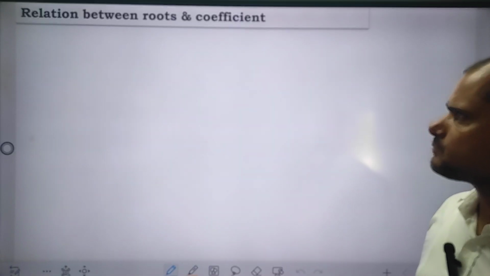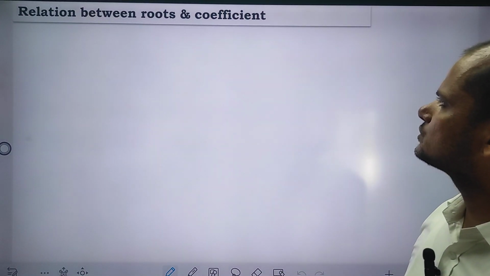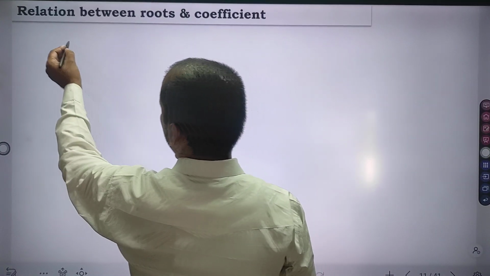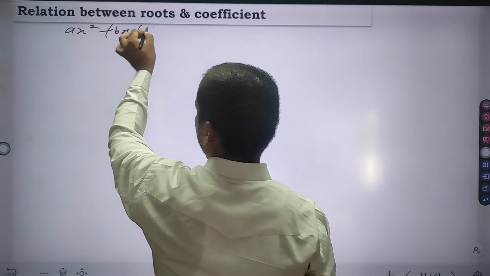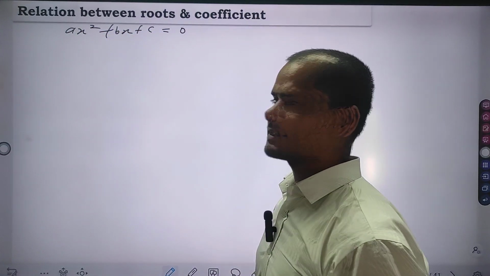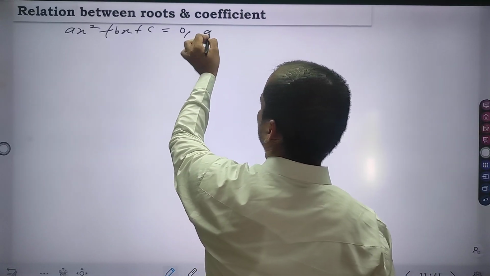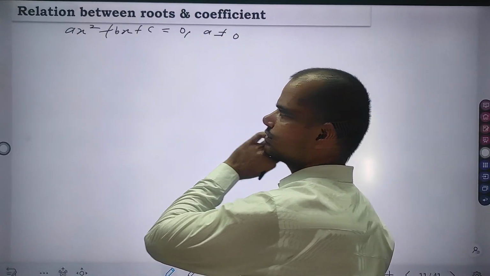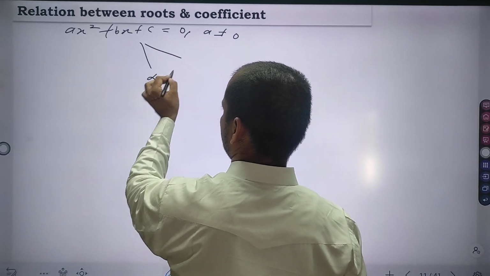So now, the relation between roots and coefficients. Let's see the general form of the quadratic equation, ax square plus bx plus c equal to 0, where a is not equal to 0. Let's say we have two roots, alpha and beta.